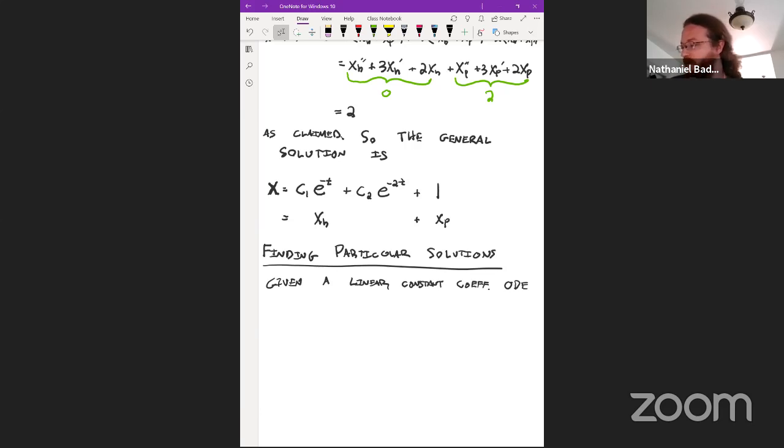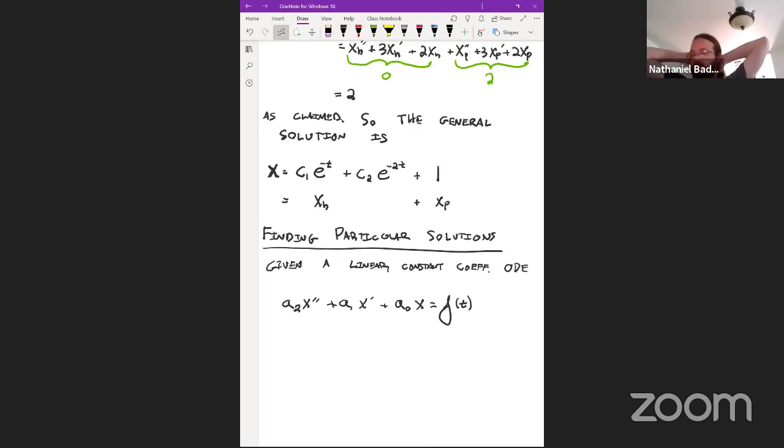But so given a linear constant coefficient ordinary differential equation, and we'll just use our example, A2 x double prime plus A1 x prime plus A0 x is given by some function, sorry, not some function of x, some function of t. Then what we should guess for a particular solution is the following.